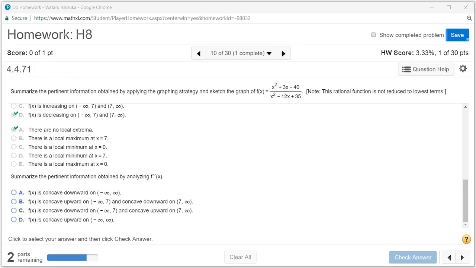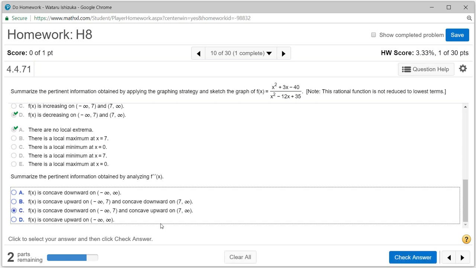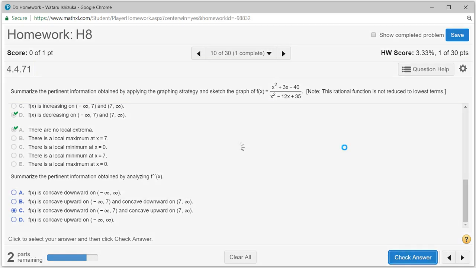All right, so let's look at that. Concave upward after 7. So here, concave downward from negative infinity to 7, and then concave up after that. They really need to eliminate x equals 5, but I think they forgot to do that. So check the answer.